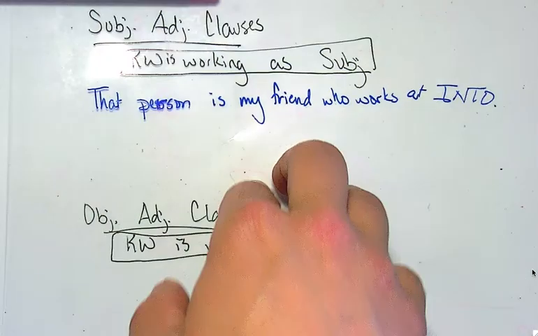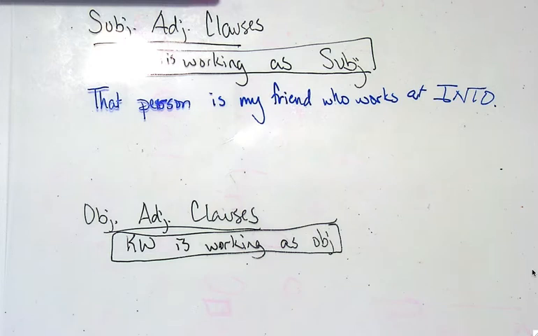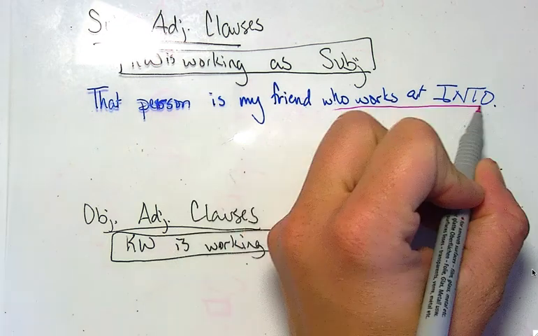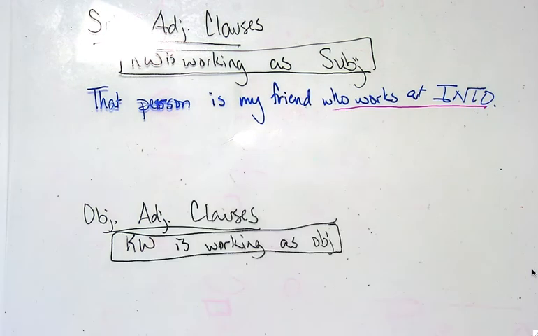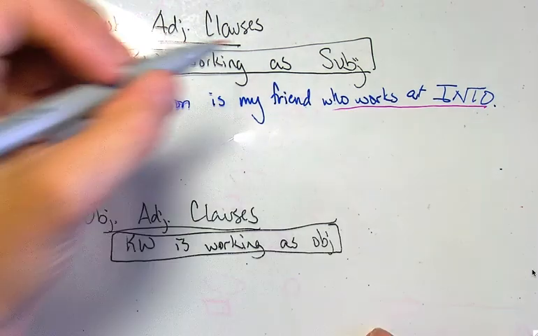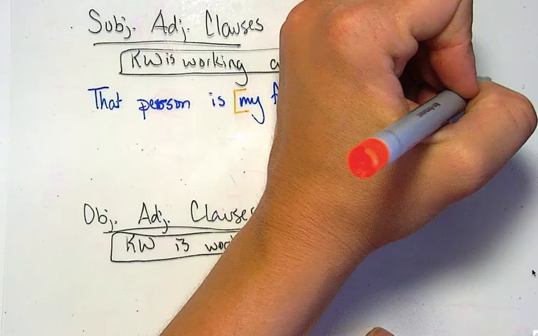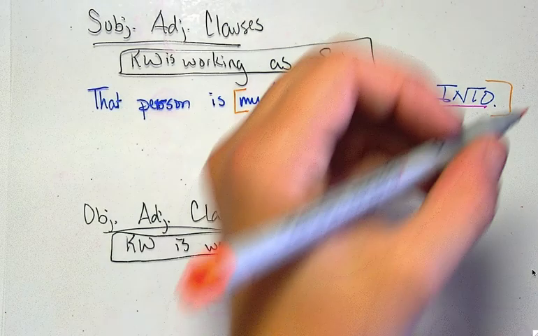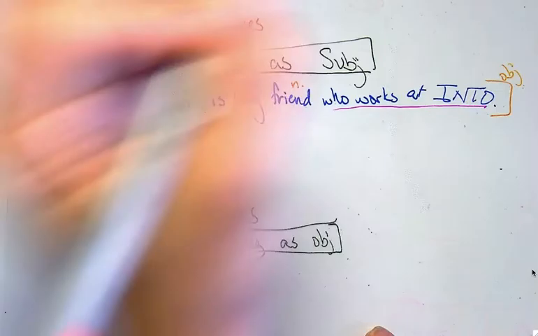That person is my friend who works at Into. In this example, we have our adjective clause right here. We also have this whole thing, my friend, with our noun. This whole thing is the object inside of our main clause.